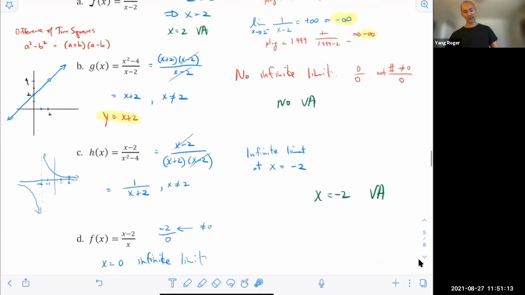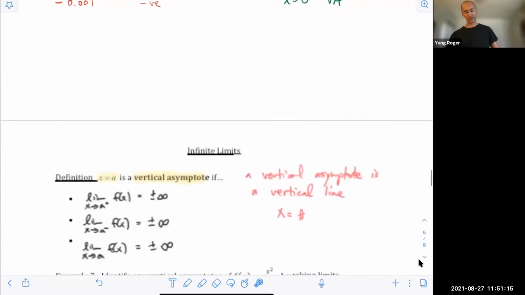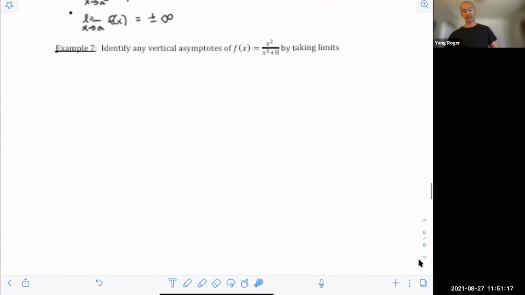So let's look at example 7. When you look at the denominator of example 7, do you guys see anything here? This is a something of two somethings.